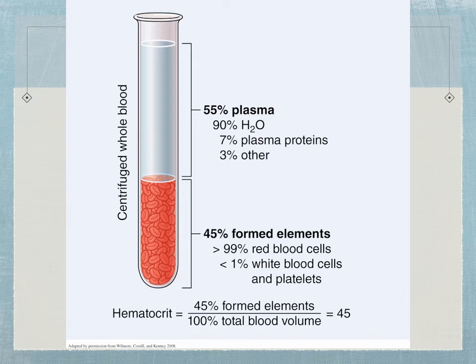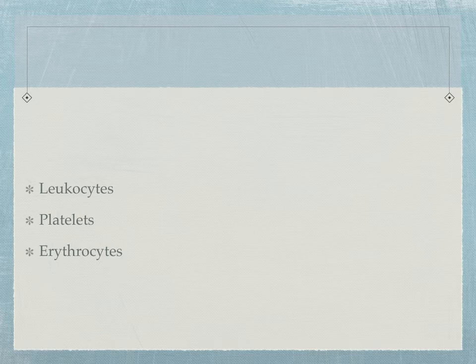And the majority of it is our red blood cells, which transport the oxygen. So we call our white blood cells leukocytes, they fight infection. Our platelets are for clotting, and our erythrocytes are our red blood cells, and they transport oxygen by using hemoglobin.